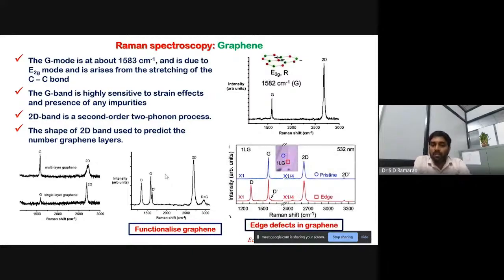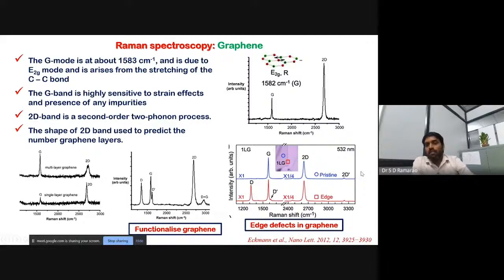Another example presented here is a graphene layer. This is the image, and you collected data on top of the graphene, and another one at the edge. That means you have collected the data at two different positions of the same graphene.